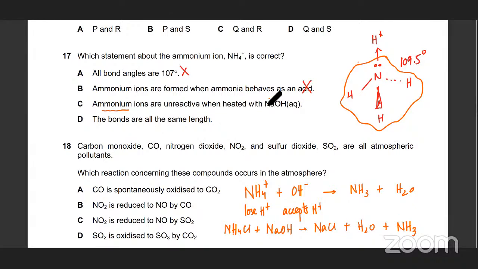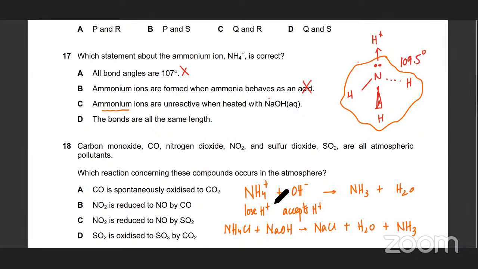So this is what usually happens, and you have an acid base reaction. The ammonium ions are not unreactive, they actually react with bases. And that's a test for ammonium ions as well. Make sure you remember that it's used as a test.